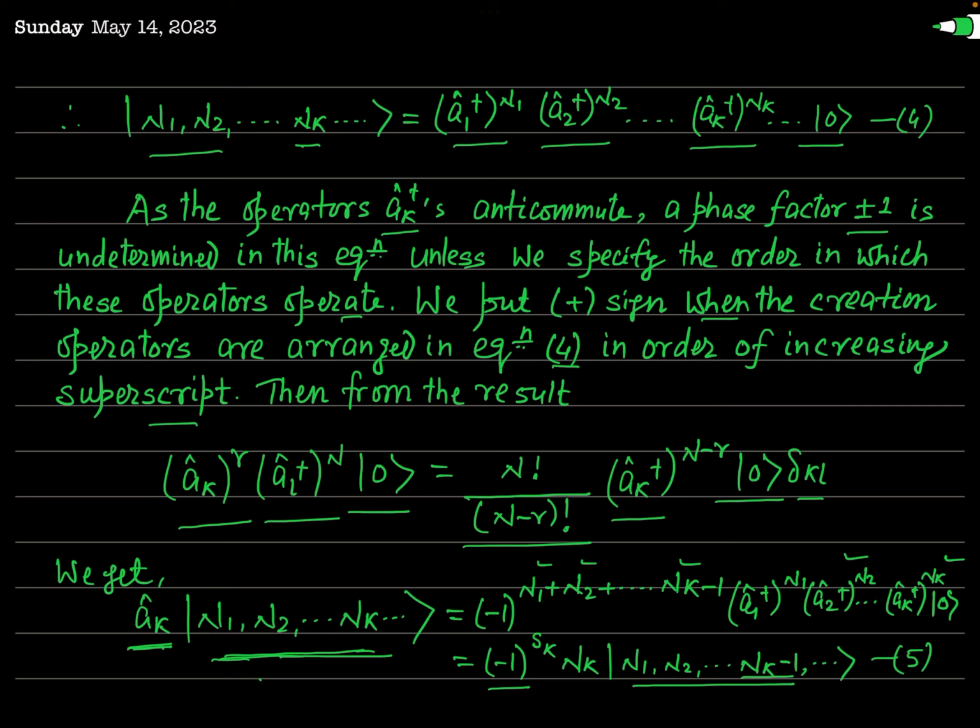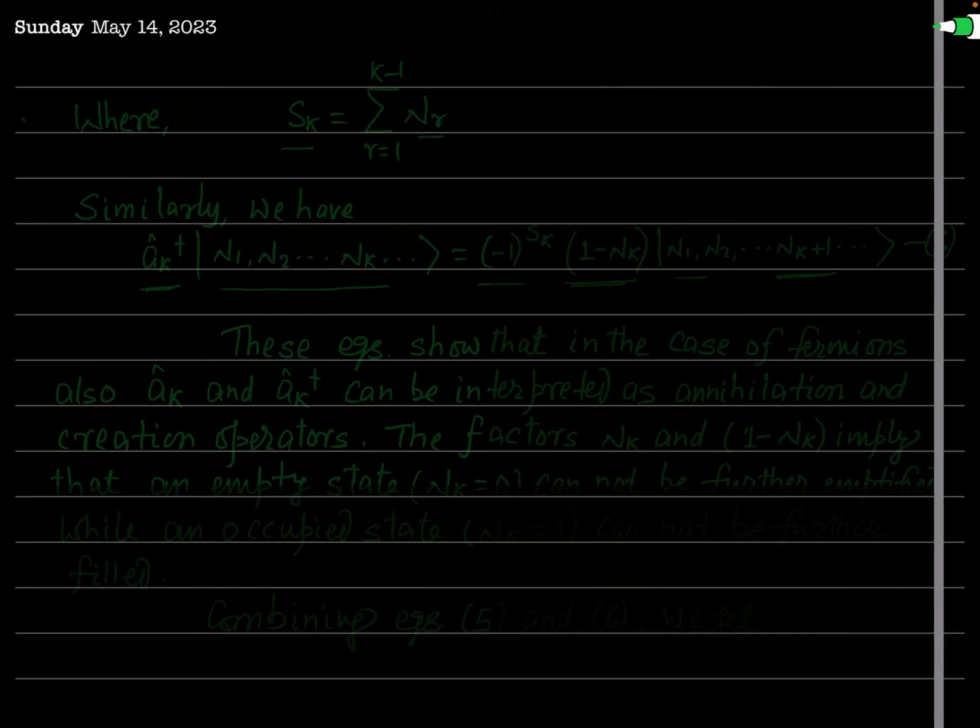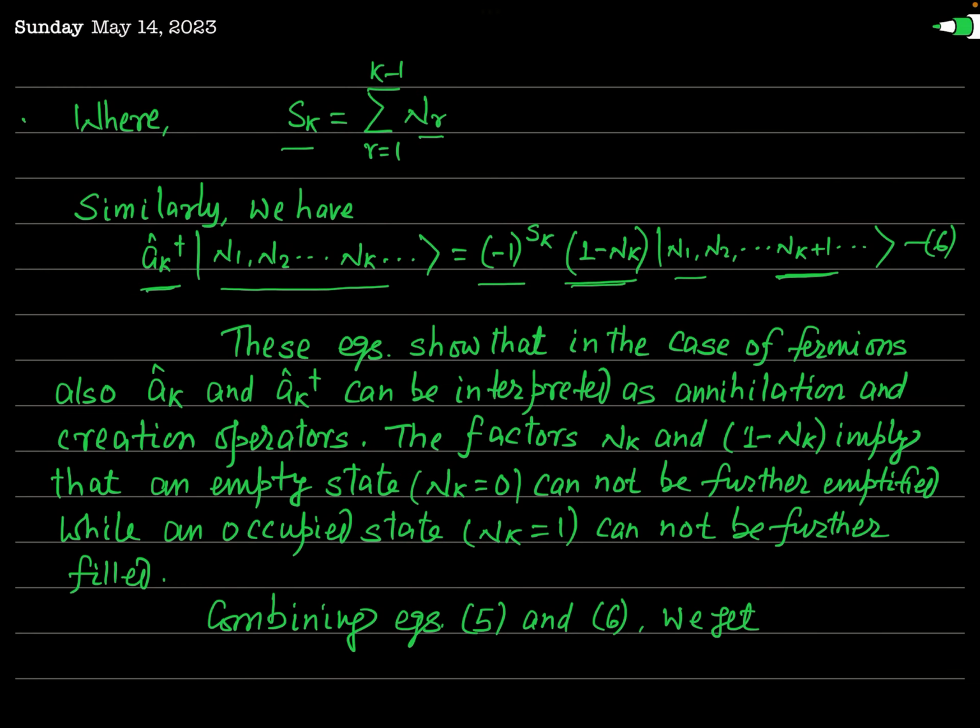So ak hat is recognized as an annihilation operator even in the case of fermions, as it was in the case of bosons. This recognition is the same for bosons and fermions. So even for fermions, ak hat is an annihilation operator and ak hat dagger is a creation operator.